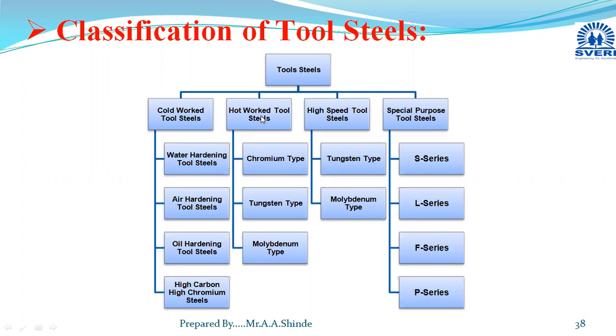These are generally used for cold working operations of the metals, and these are categorized in four types. Cold worked tool steels are classified into four different types: water hardening tool steel, air hardening tool steel, oil hardening tool steel, and high carbon high chromium steels. On which basis is this classification done?